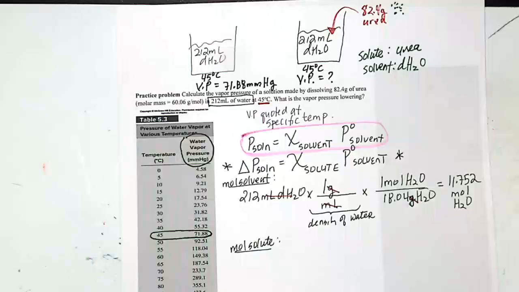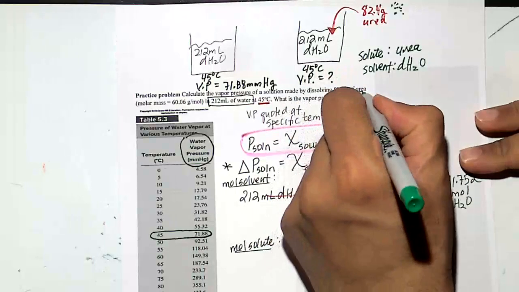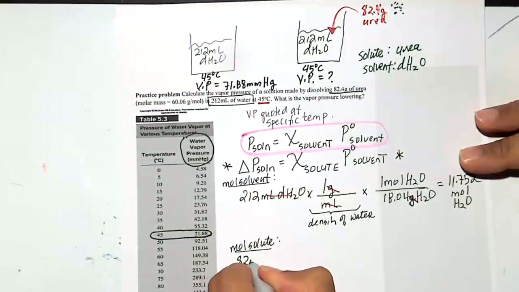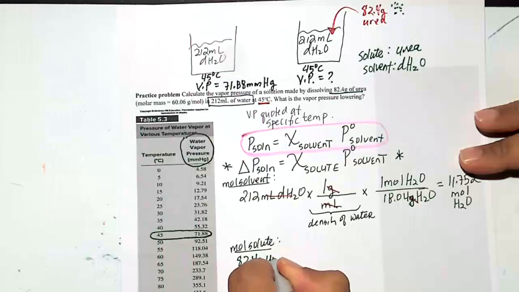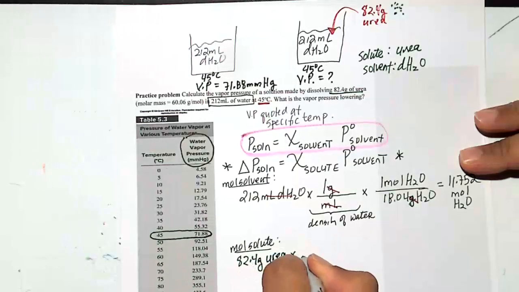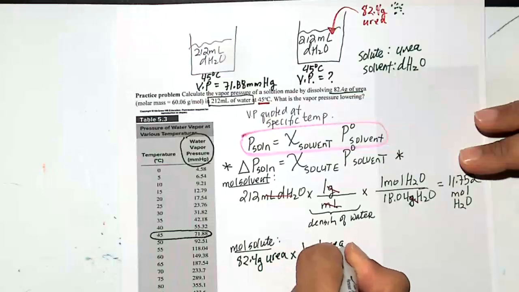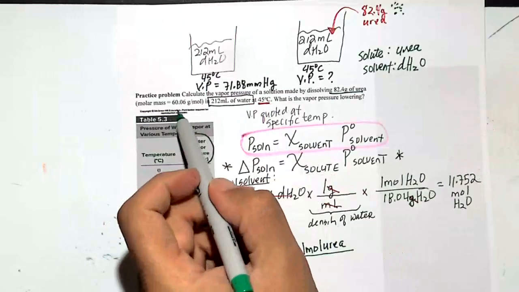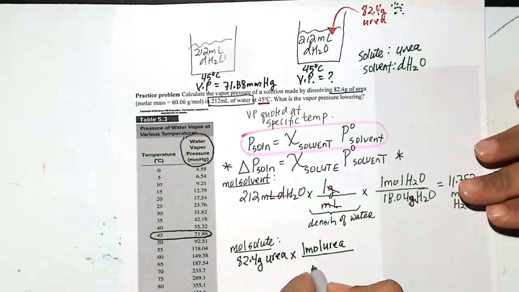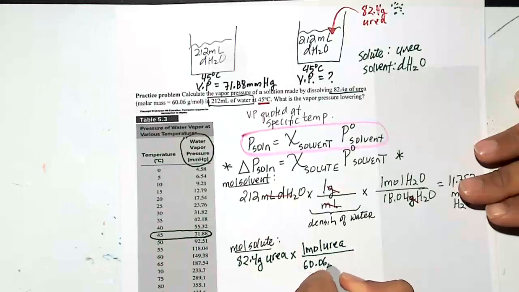We have 82.4 grams of urea times 1 mole of urea is about 60.06 grams of urea.